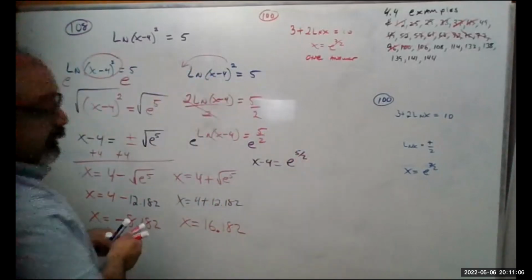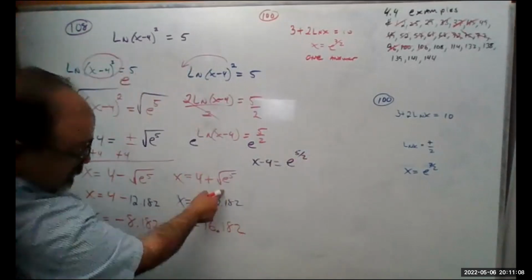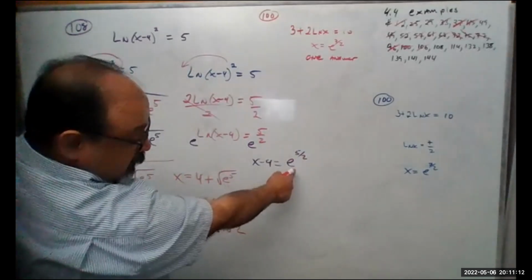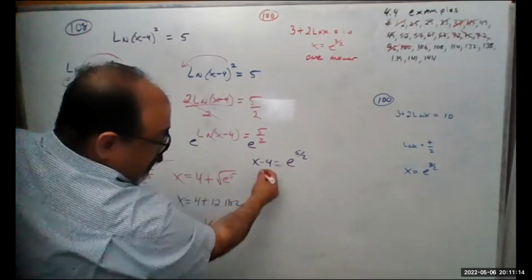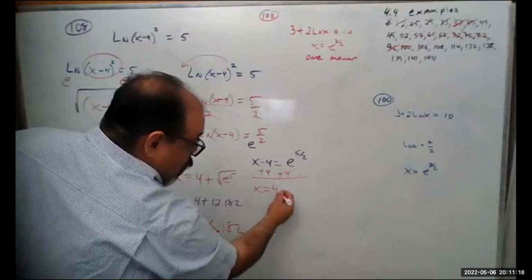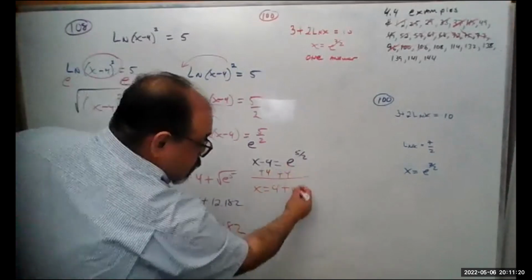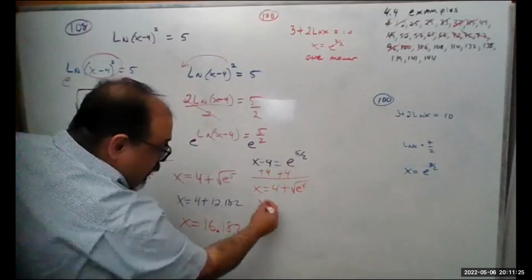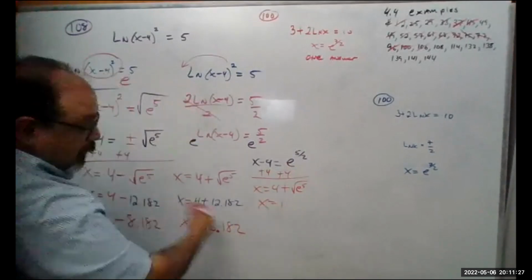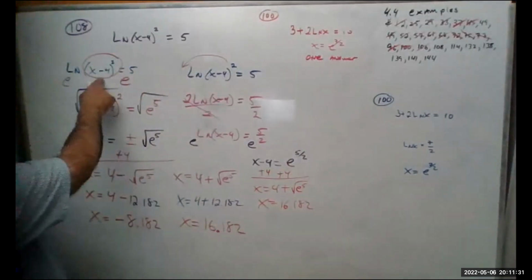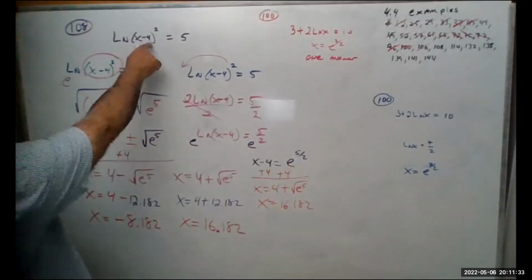And guess what e to the 5/2 is? It's the square root of e to the 5th, but it's a positive only. So when you add 4, you're getting 4 plus the square root of e to the 5th power. You're only getting this one answer. You're not getting both possible answers. So that's why you should leave it when you're solving here.